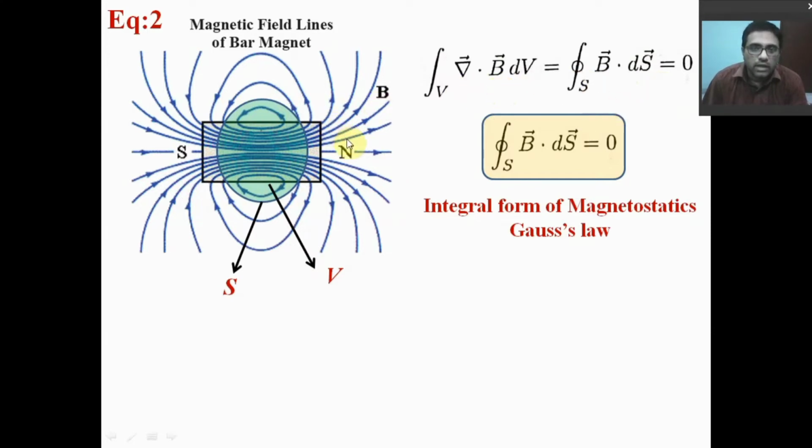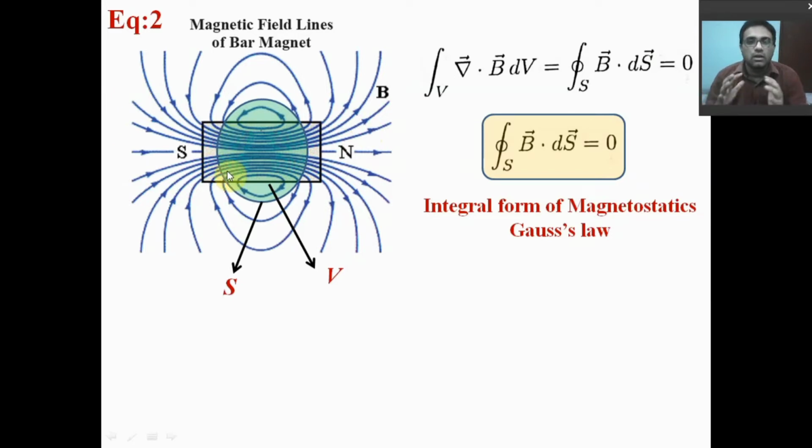We can think of why it will be 0 like this. So this is that volume. Now if you see here, whatever field lines are going outside, the same are going inside from this direction. If you count the number, whatever field lines are going outside are going inside.